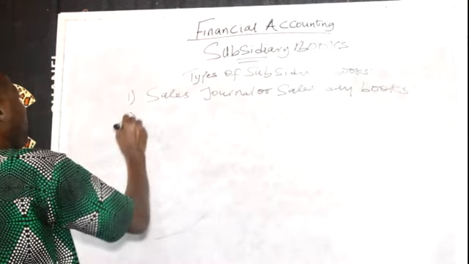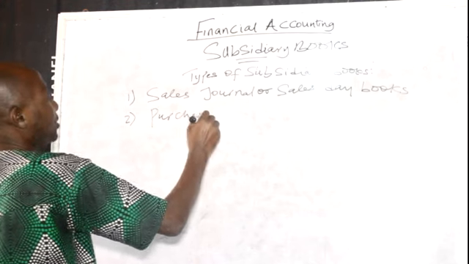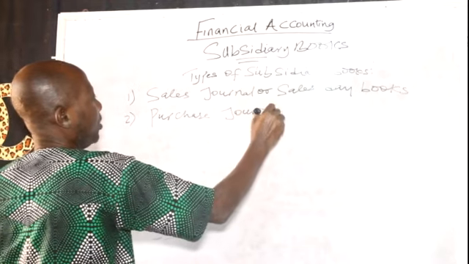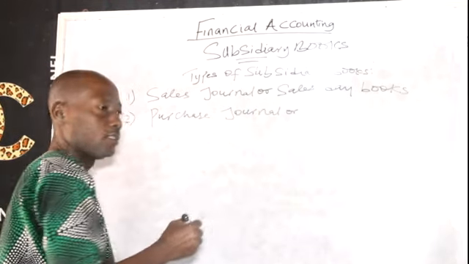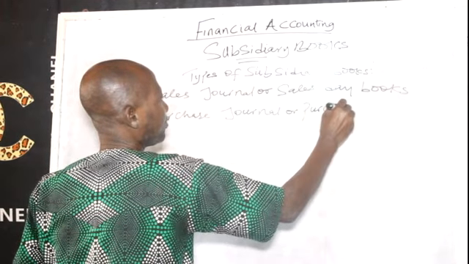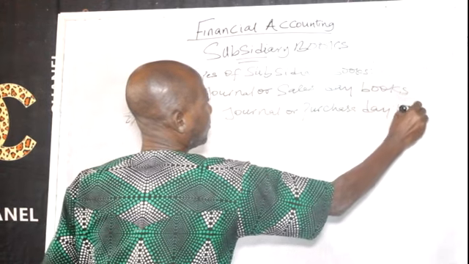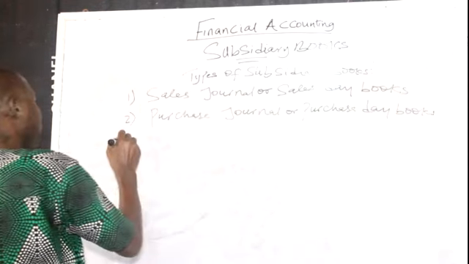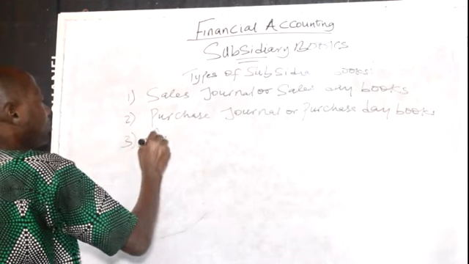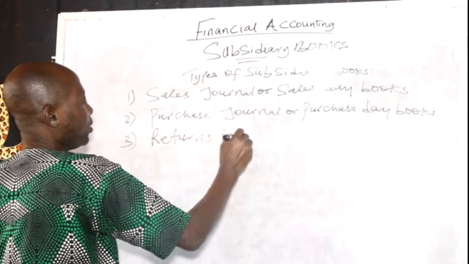Two, we have purchase journal, or we call it purchase day book. Number 3, we have returns inward book.